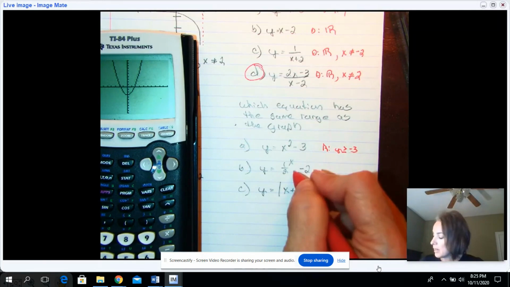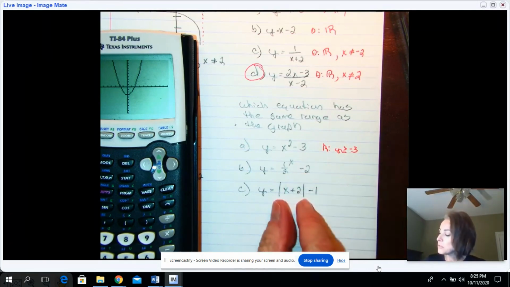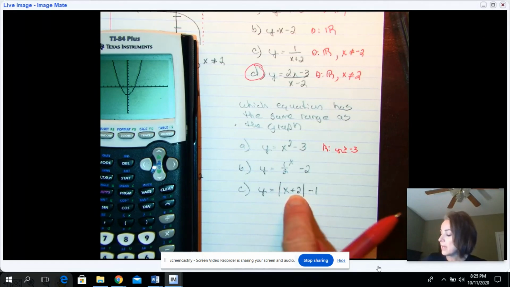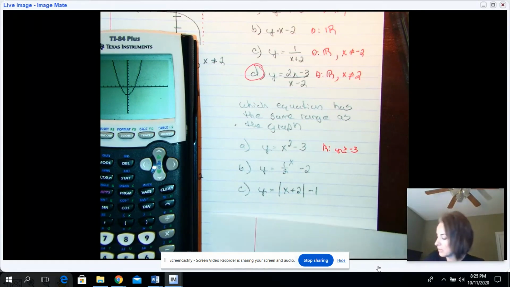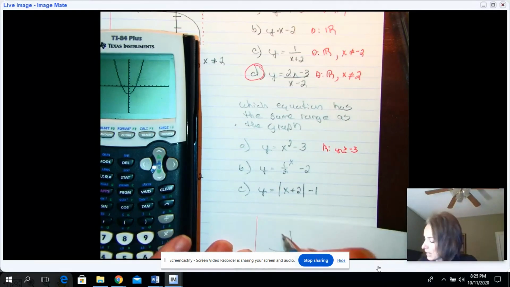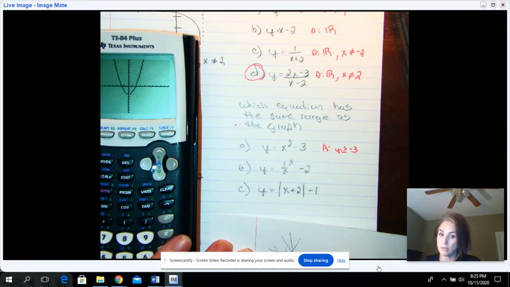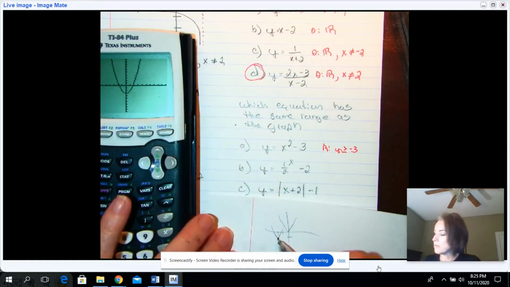All right. Let's try this one. That's an absolute value, and it's going to take the absolute value and move it to the left 2, and down 1. So here, my range would be y is greater than or equal to -1.